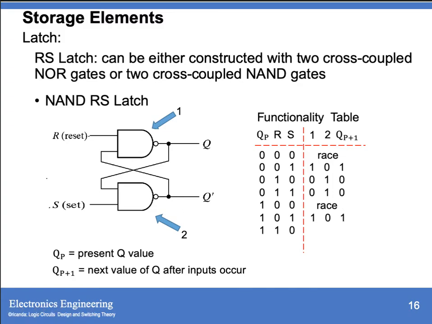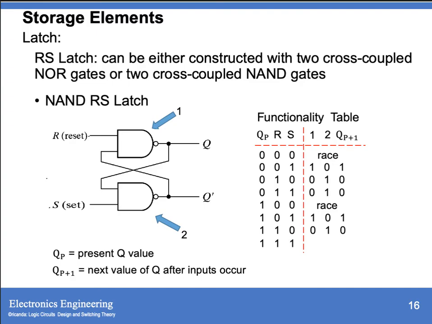And if we have 1, 0, since this is 0, your second NAND gate will generate an output of 1, and your first NAND gate, since this is 1, then we have to NAND this with 1 for your R, so your first NAND gate will generate an output of 0.